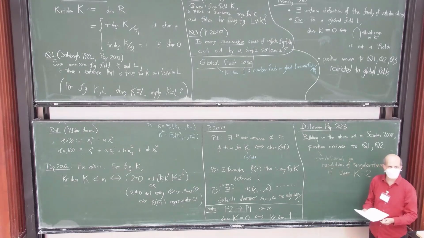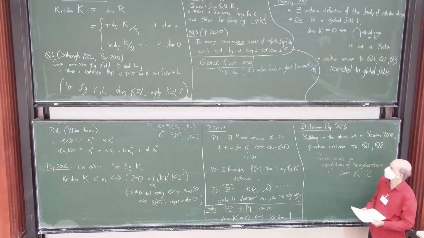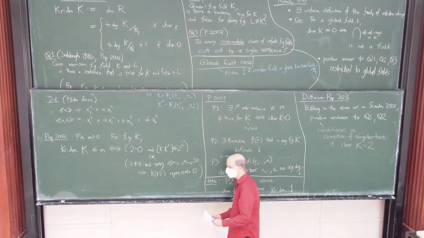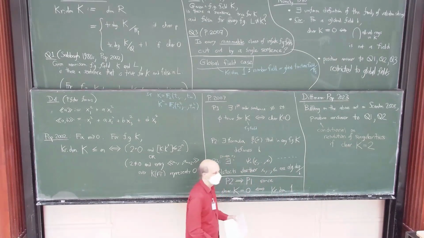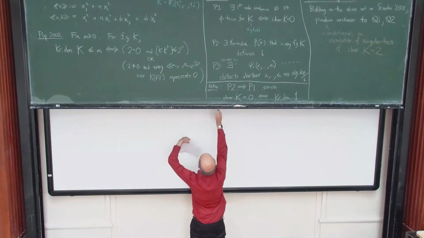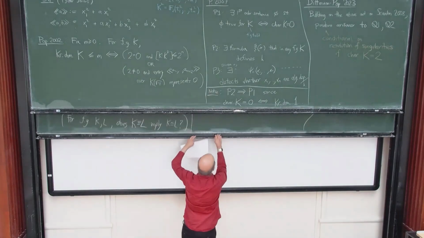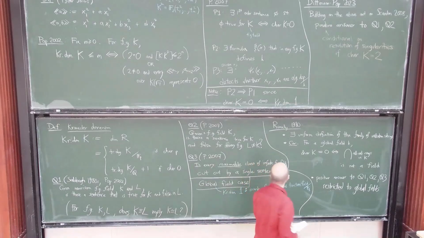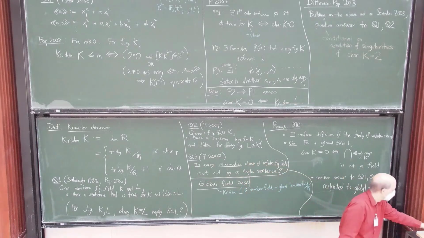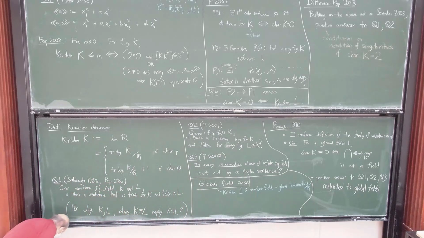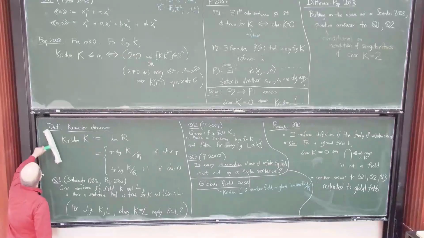So is it fair to say that for characteristic 2, it's dependent on a conjecture? Yeah, it's dependent on a conjecture that I think most people believe, that resolution of singularities holds.